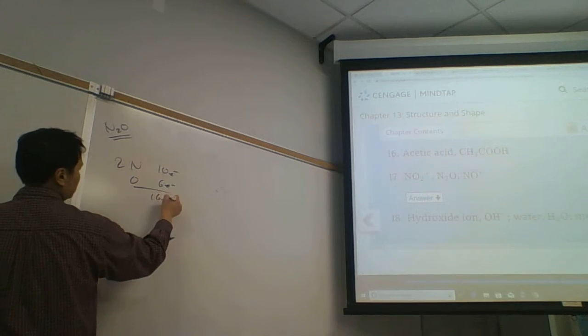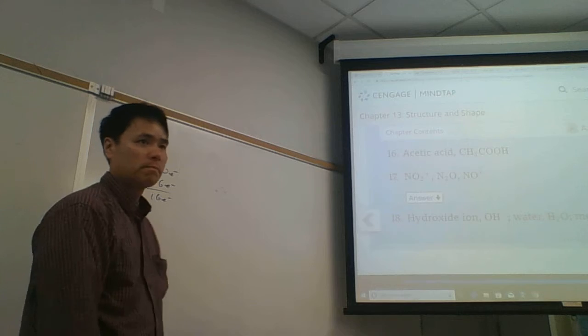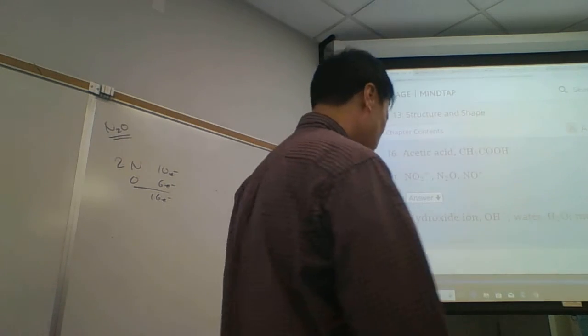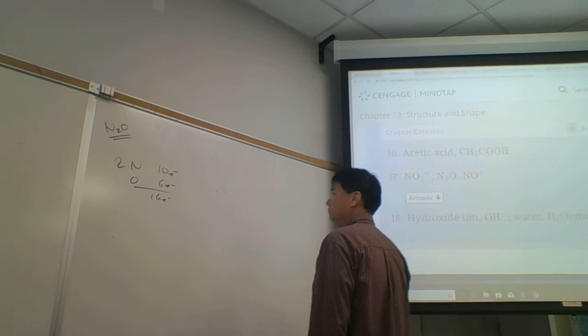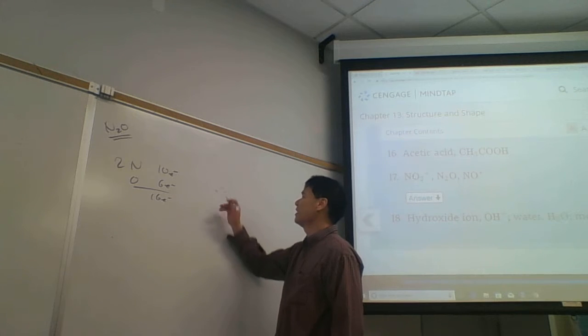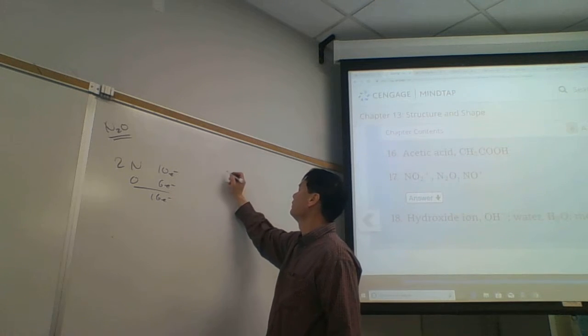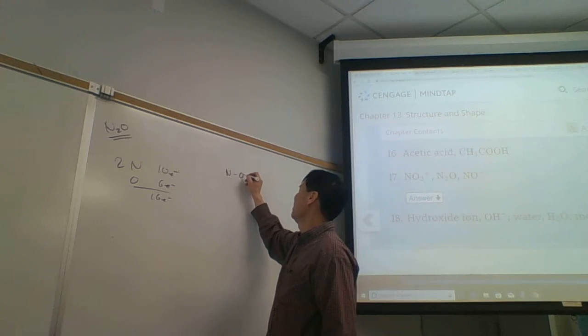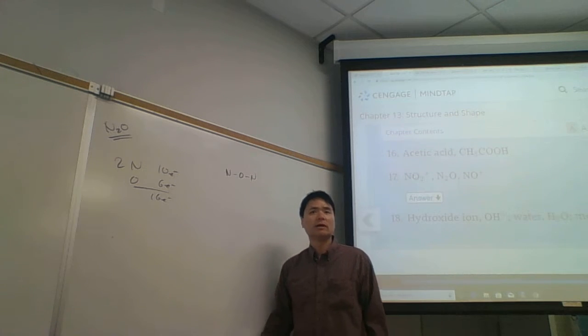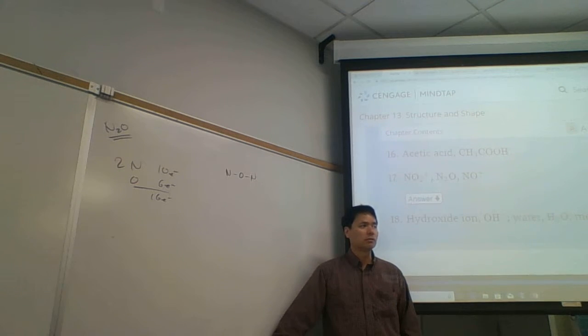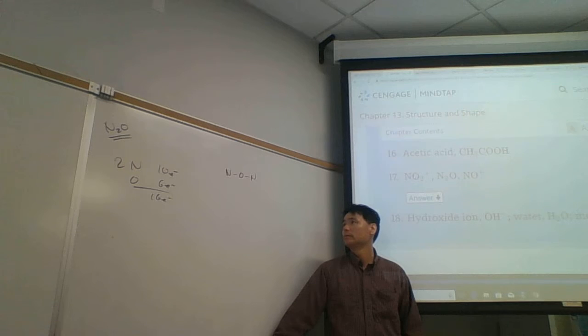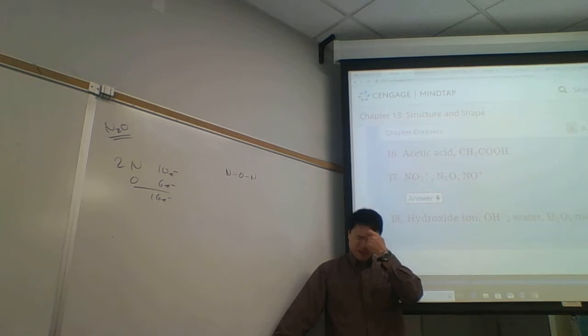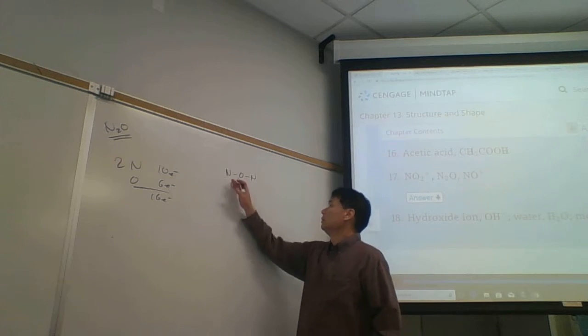So this gives us 16 electrons as well. Now N2O is kind of like H2O sounding, and so maybe it's an NON, like H2O, HOH. It's symmetric, so it's okay.